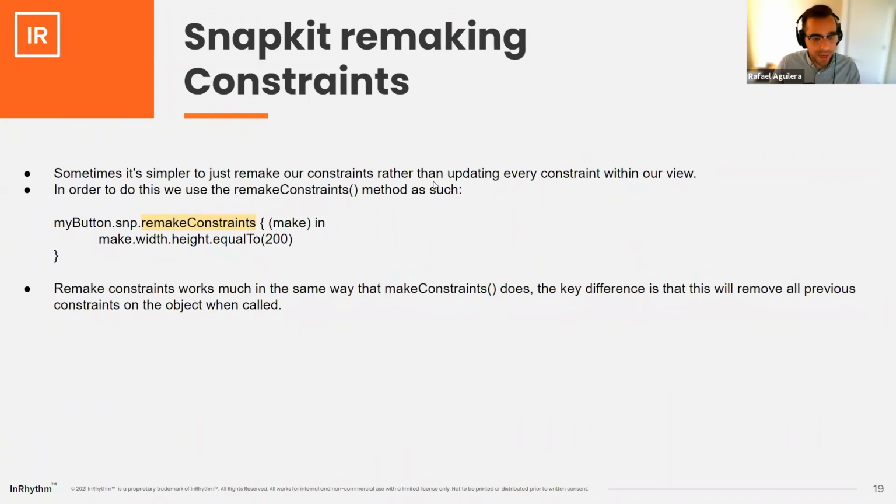You can also remake constraints fully. Sometimes it's simpler just to remake our constraints rather than updating every constraint within our view. In order to do this, you use remake constraints, which you can see right here. And I'll show you some other cool examples. This does the exact same thing as the original make constraints, except it takes off every constraint from the view that's calling it before it makes the constraints.